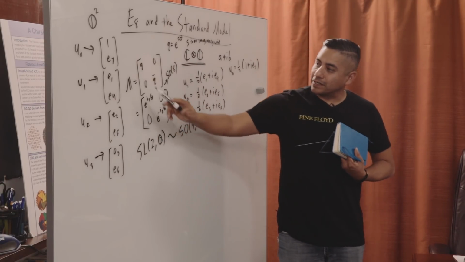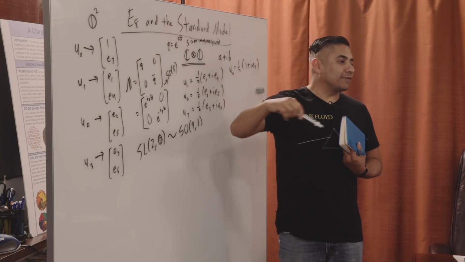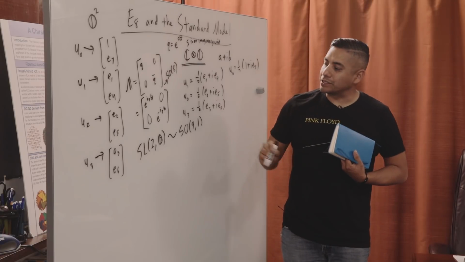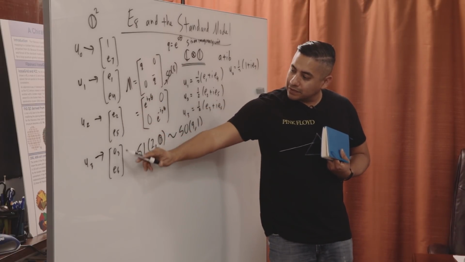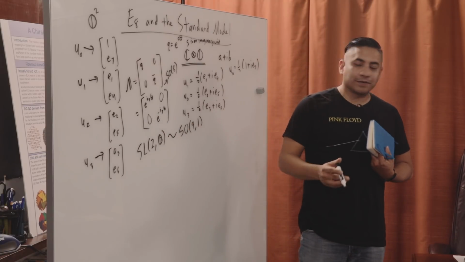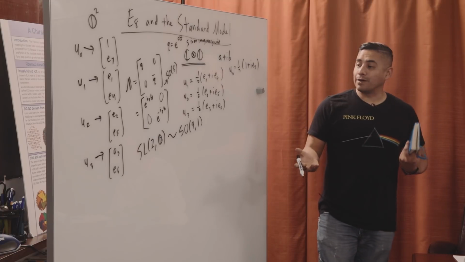If this acts on this object right here, it'll just hit it by a phase. It'll just be like a phase transformation. But if it hits any of these, we're going to have to go back to the octonionic multiplication table to figure out what just happened.